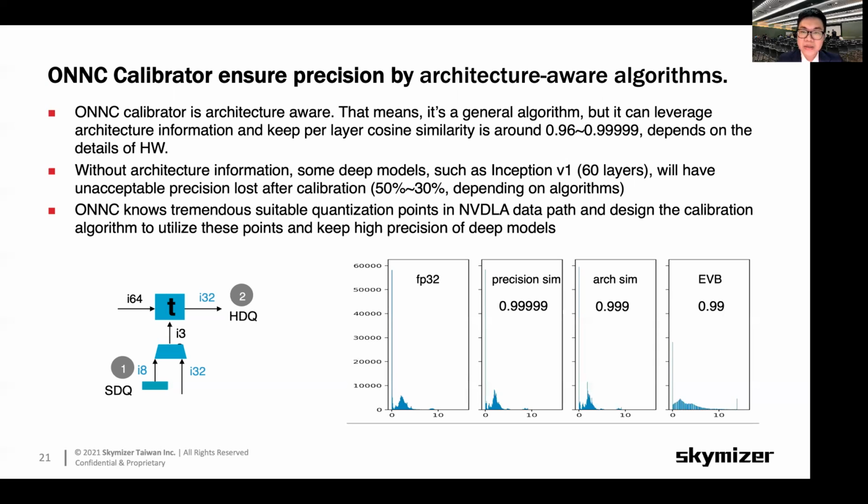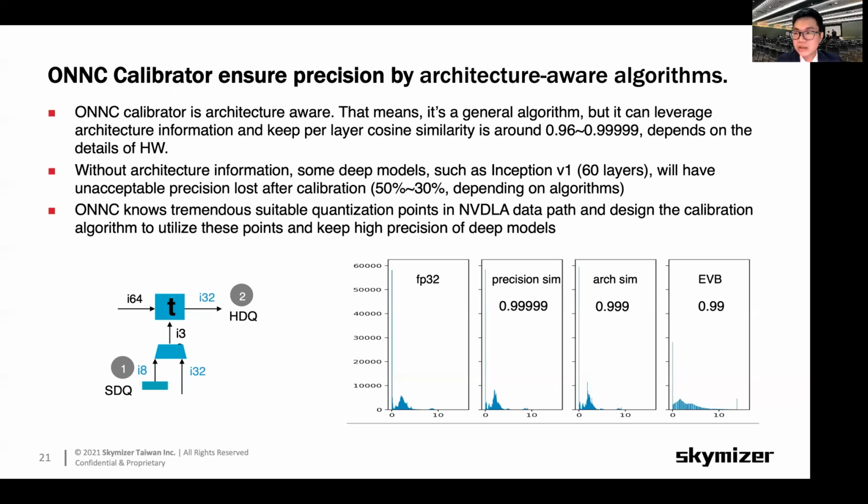Because the ONNC Calibrator is an architecture-aware algorithm, we could use many hardware supports in the DLA when quantizing. So ONNC knows many suitable quantization points in the DLA, and some DLAs have hardware support for a process called requantization.